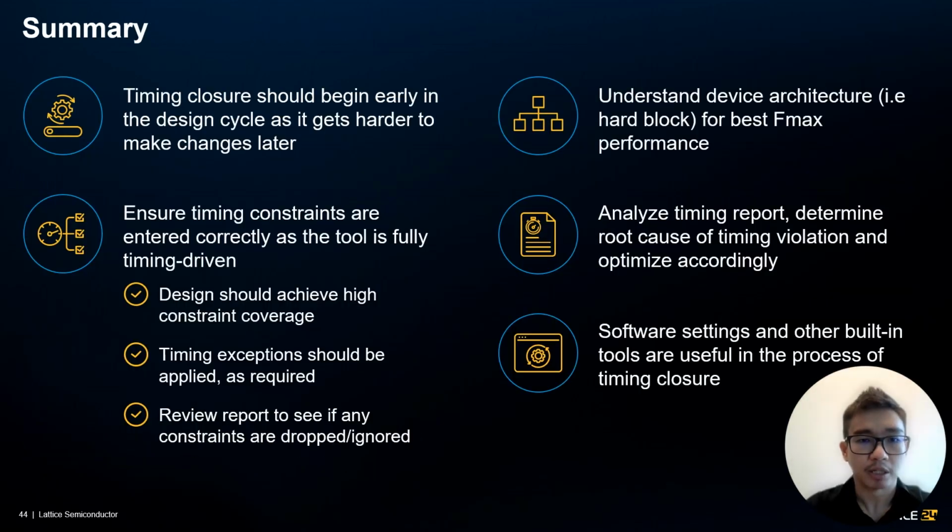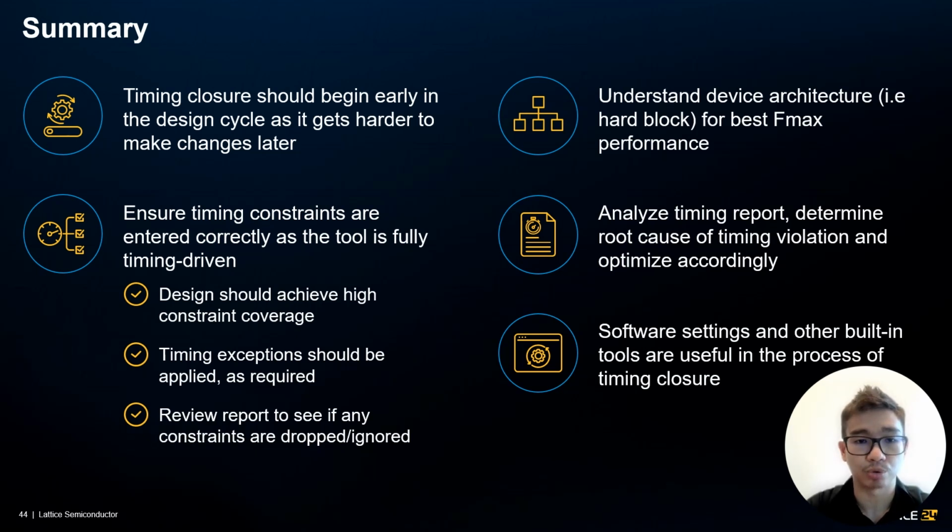In summary, timing closure should begin early in the design cycle, as it gets more challenging to make changes or optimization later in the design flow. Since Radiant is fully timing driven, the design should be correctly constrained, including achieving high coverage, and timing exceptions should be included if applicable. Always review the reports to see if any constraints are dropped or ignored.